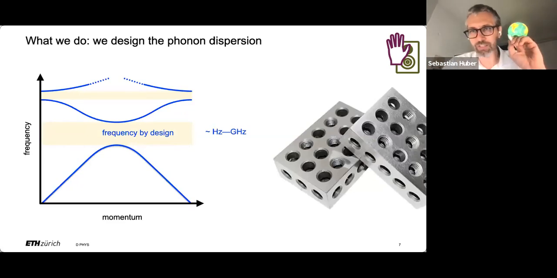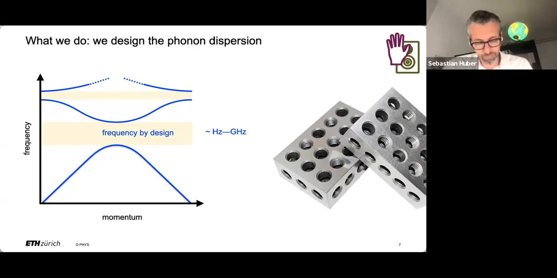I mean, that's our expertise. We're very good at drilling, or I'm not sure whether we're good, but that's what we do. We drill holes. And the moment you drill holes, you have scatterers of your waves. And if you do it in a regular scheme, then you will get band structures like the ones over here. And it's really us designing how we do that to get to the physics that we want over here.